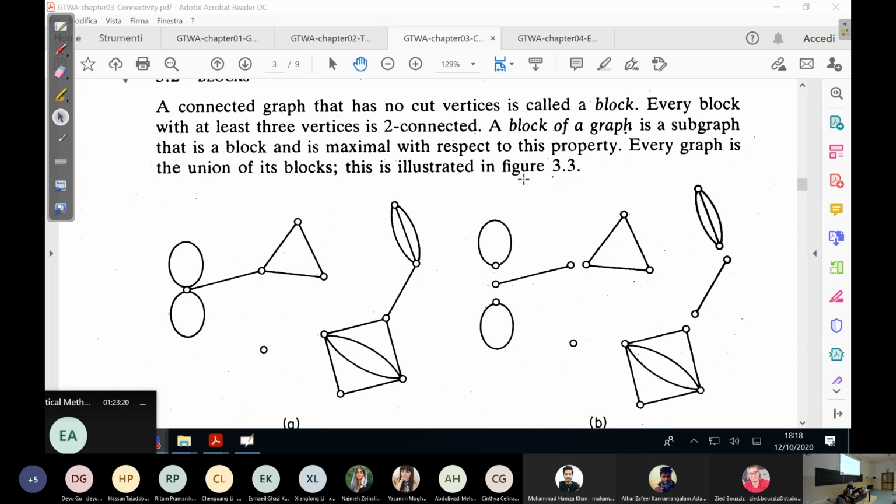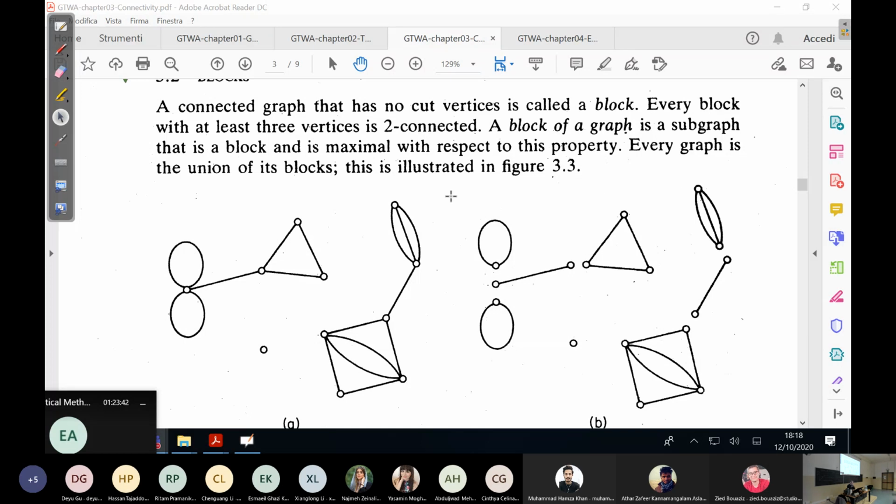This is if I have a whole graph and I call it a block. Now we can talk about the blocks of a given graph. It is a subgraph which is a block, and which is maximal with respect to the property of being a block, okay?